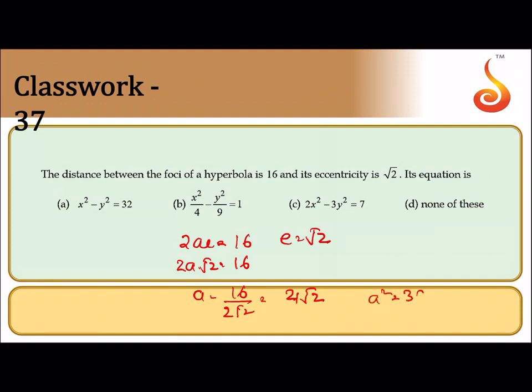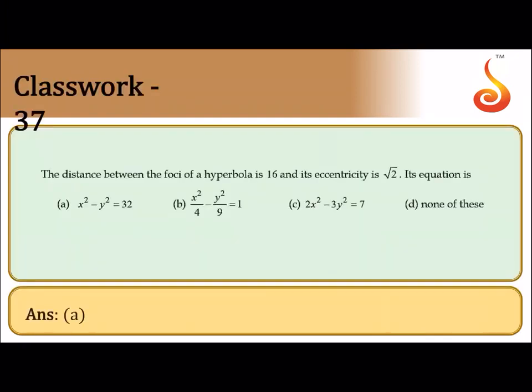Once you get a equal to 4 root 2, we can calculate b also. So a square is equal to 32, so b square is also 32. So option A is correct.